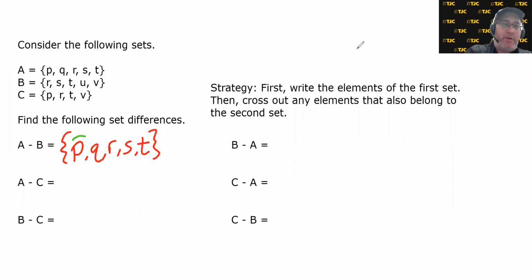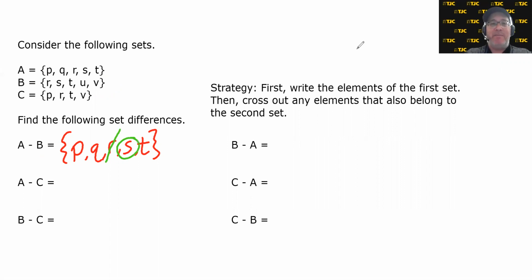So let's start with the letter P. Does P belong to set B? It does not, so we don't cross it out. Does Q belong to set B? It does not, so we don't cross it out. Does R belong to set B? It does. We are literally taking away anything that belongs to B. The element R belongs to set B, and since we're taking away elements of set B, goodbye R. What about the S?